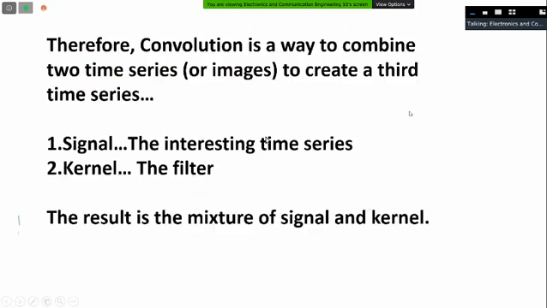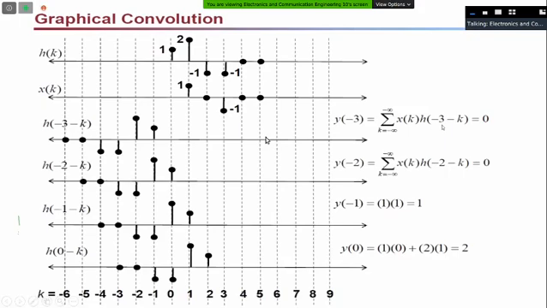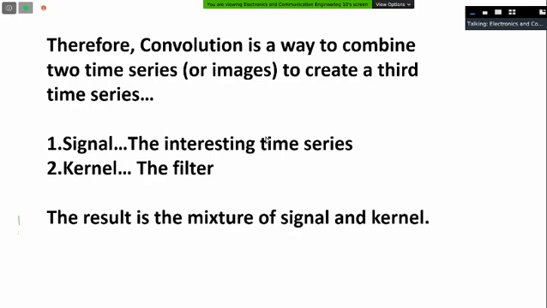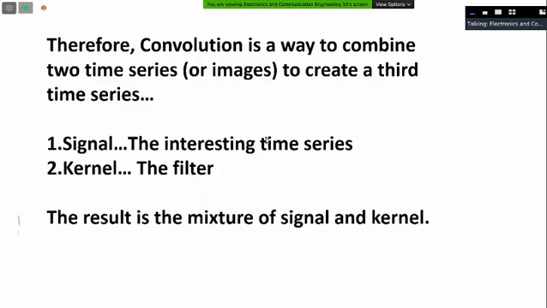Normally, what we see here, xk's are the inputs, and hk's are the impulse response of the filters. All right, we will come to that point maybe afterwards when we go to the filters part. So this is all about the convolution, about the linear convolution.